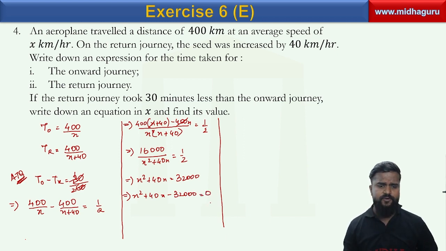Now we are supposed to find two values, that is divide plus 40 such that the addition of the coefficients gives us plus 40 and the product gives us minus 32,000. Just let me think for a minute.